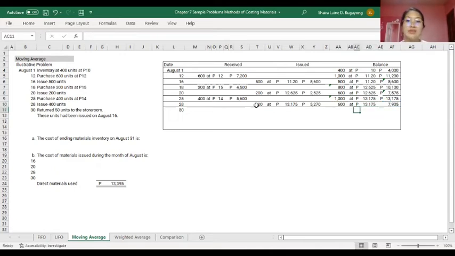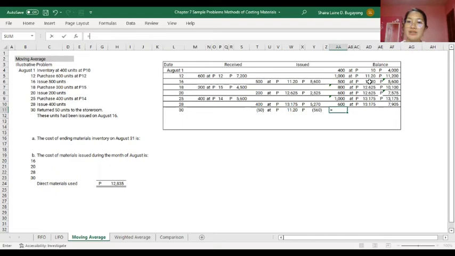On 30, so naa tay gi-return. Negative 50 na siya diri sa issue. So we are going to use the unit cost sa August 16, which is 11.20. Okay. So that would be 560.